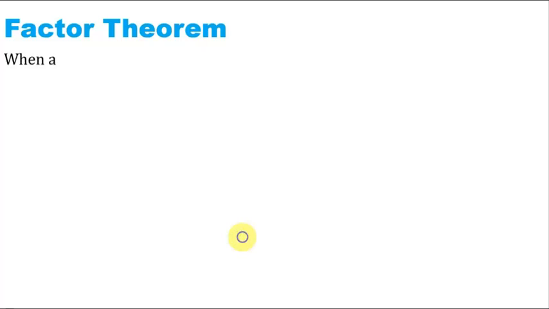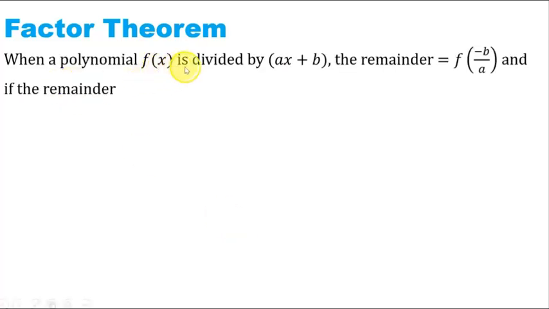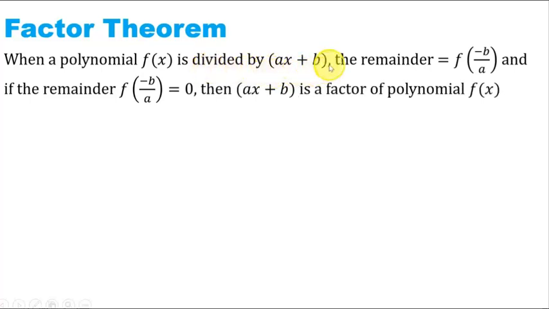Now, the factor theorem. When a polynomial f(x) is divided by ax + b, the remainder is f(−b/a). Means we have to replace variable x = −b/a. And if the remainder f(−b/a) is equal to 0, then ax + b is a factor of polynomial f(x).